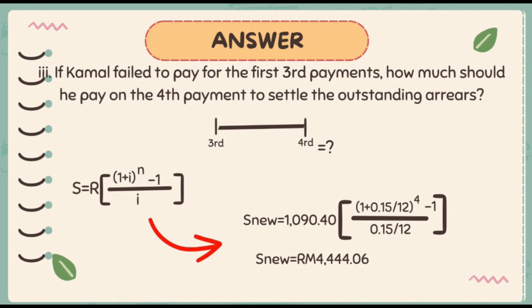For question number 3, if Kamal failed to pay the first three payments, how much should he pay on the fourth payment to settle the outstanding arrears?